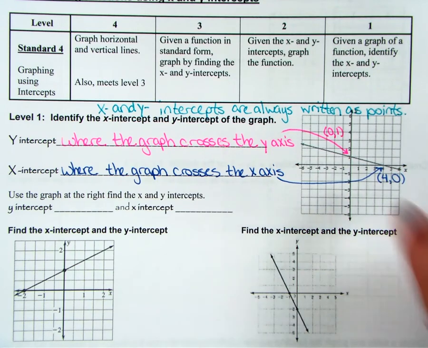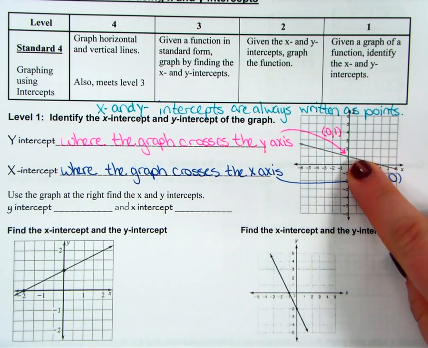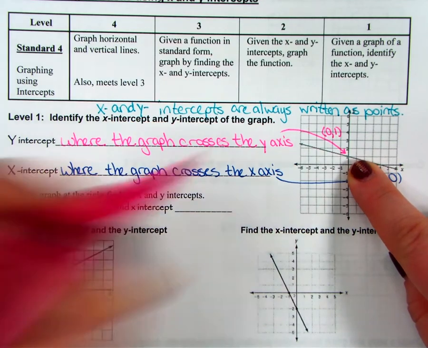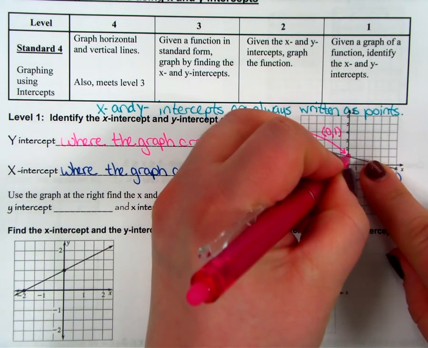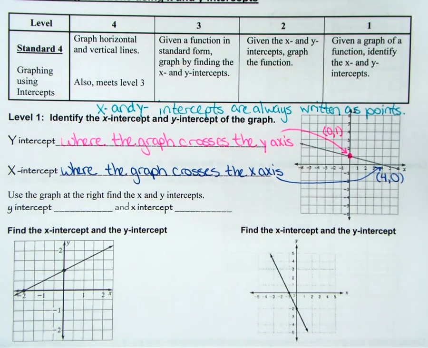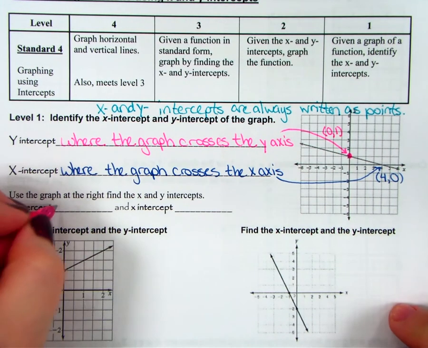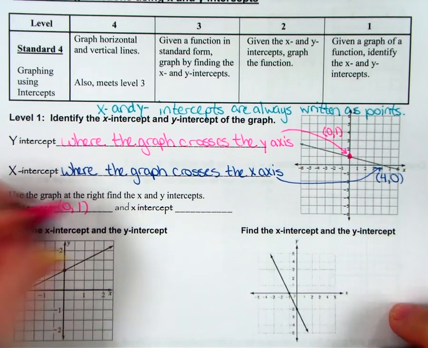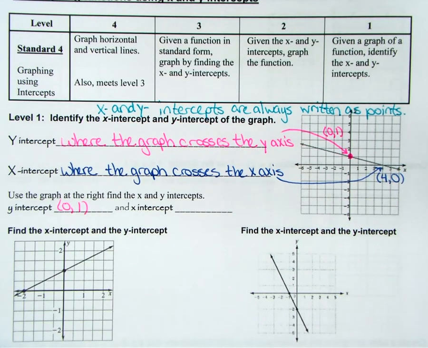So you can see this pink line is pointing at this particular point right here. And I would not tell you that this is the y-intercept. It's at 1. This y-intercept is at the point (0, 1). Please remember, when you write points, you need to have a comma in between your x and y coordinate and parentheses on either end. It is not a point without those two things.